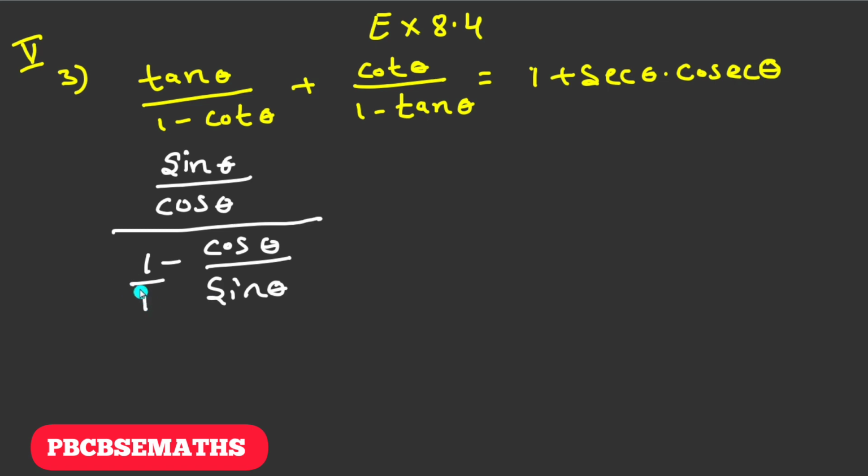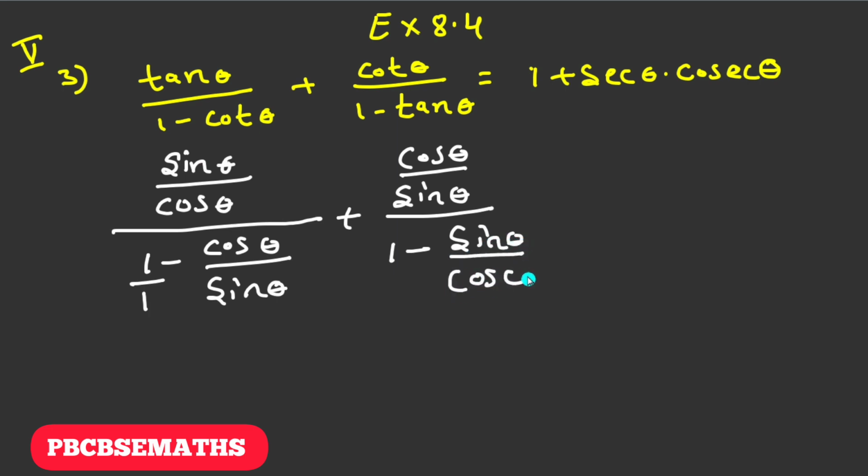Here in the denominator part we have 1 plus cot theta written as cos theta by sin theta, whole divided by 1 minus tan theta, which can be written as sin theta by cos theta. Now let's keep this numerator part as it is. Let's try to solve this.